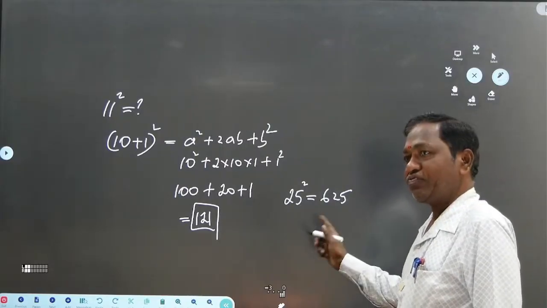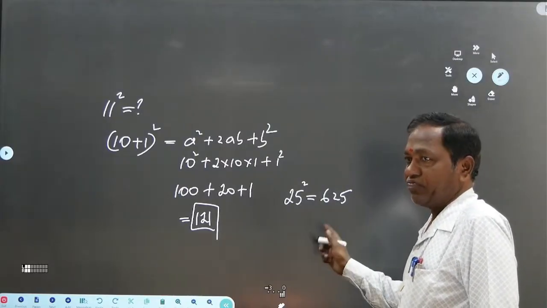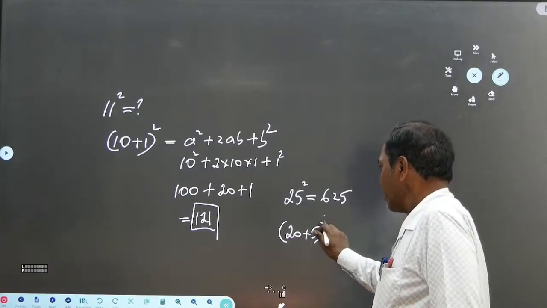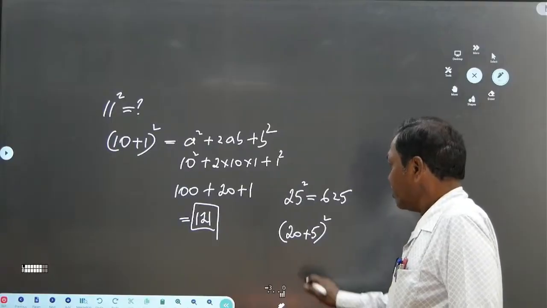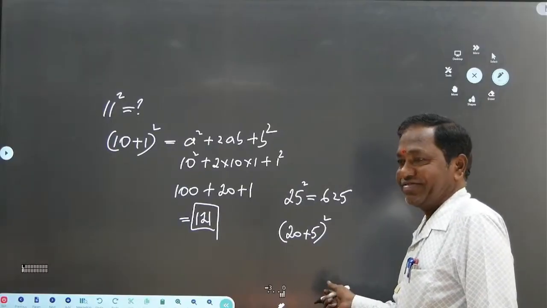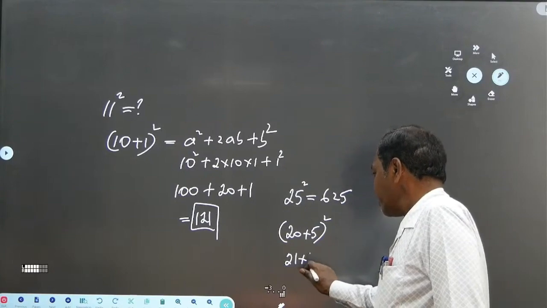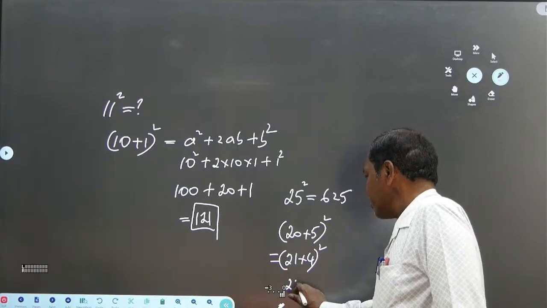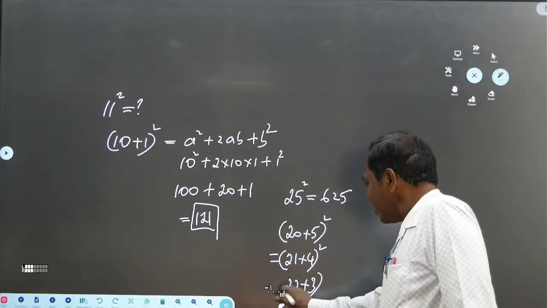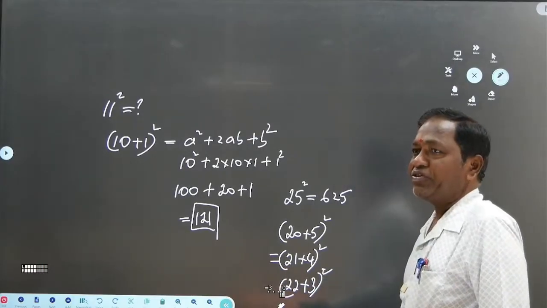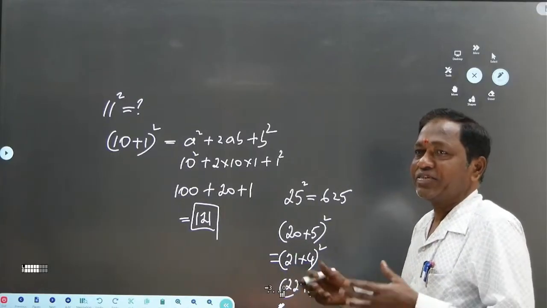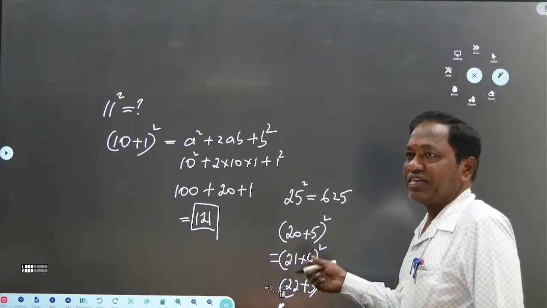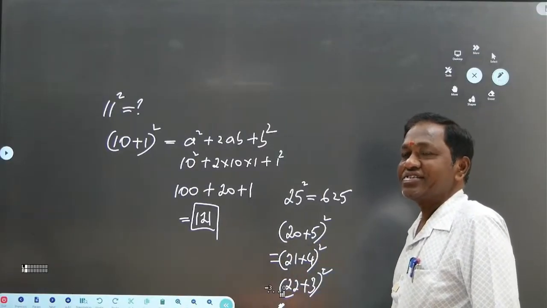You can say 20 plus 5 whole square, or even 21 plus 4 whole square, which is also the same, or 22 plus 3. Any form you can do, but if you do 21, 22, we only find difficulty, additions and subtractions and everything will come. So you can take round numbers, 10, 20, 30, 40, 90, 100, 200, 300. That is easier for us.